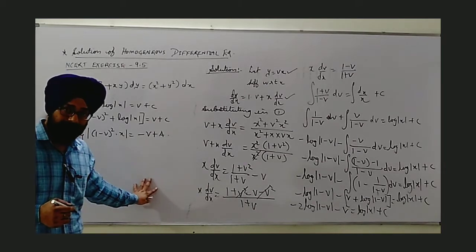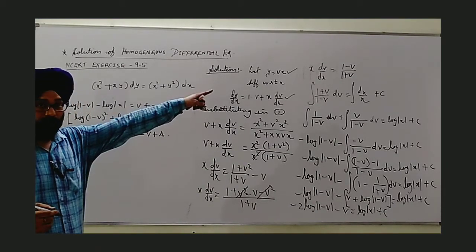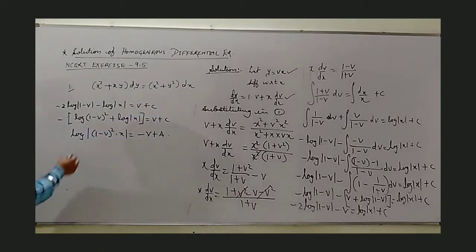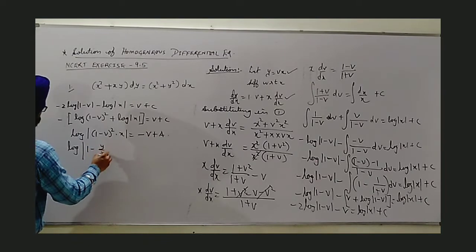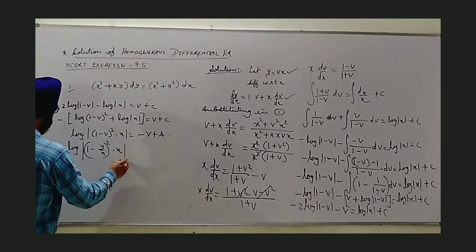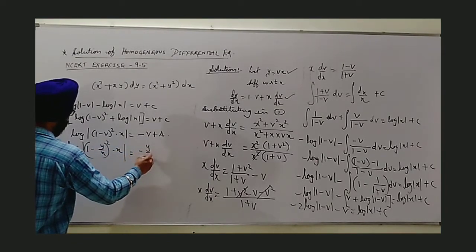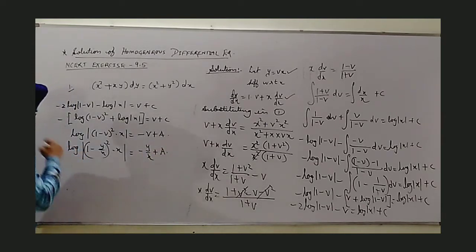This is the time to replace v by the original value y upon x. So everywhere we will write so. It's log (1 minus y upon x) whole square dot x equal to minus y upon x plus a.